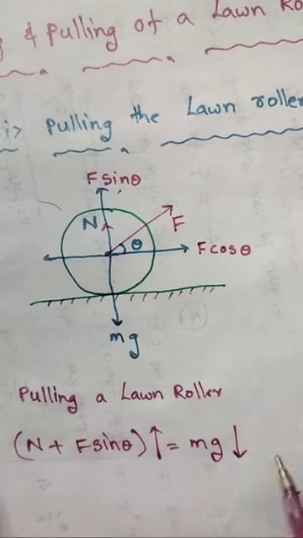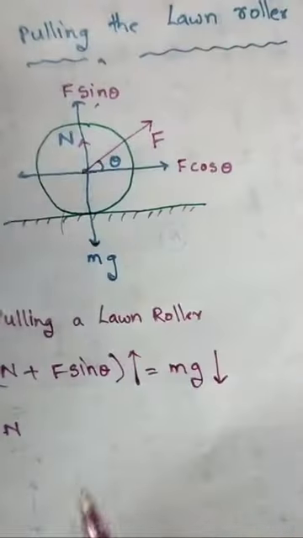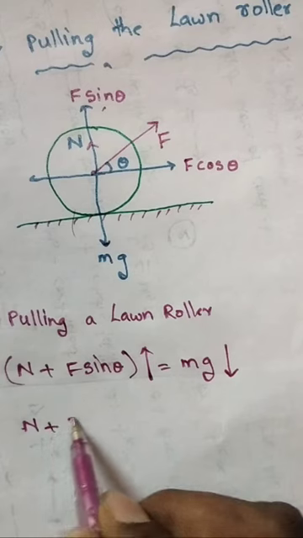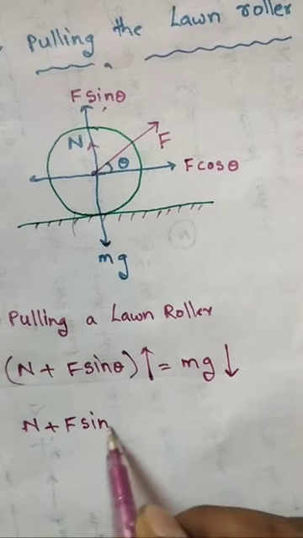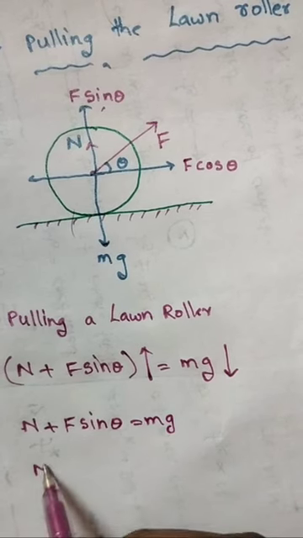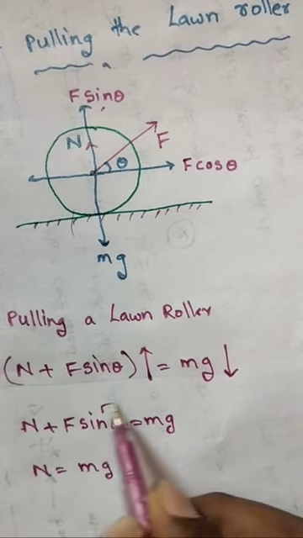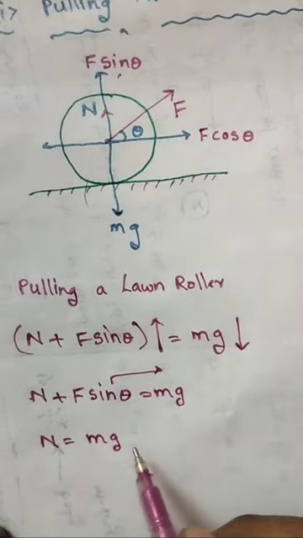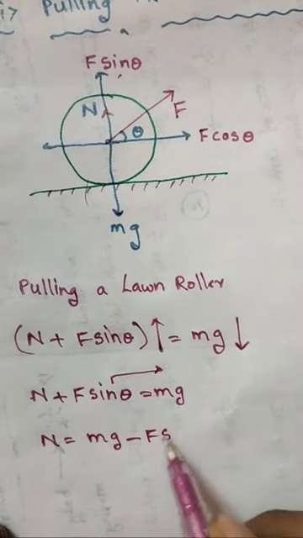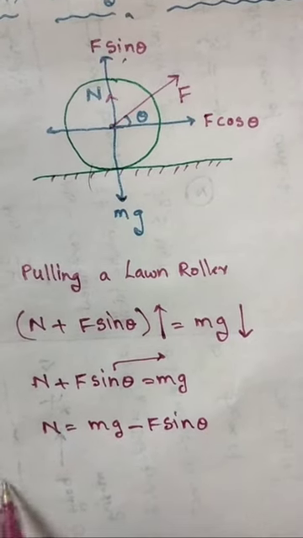N plus F sin theta, both are in the upward direction, and mg is downward. Both are equal, so N plus F sin theta is equal to mg. N is equal to mg minus F sin theta. And what is the frictional force?